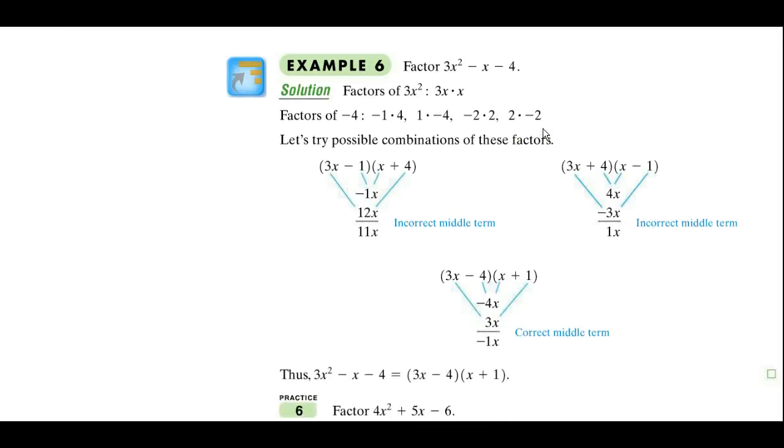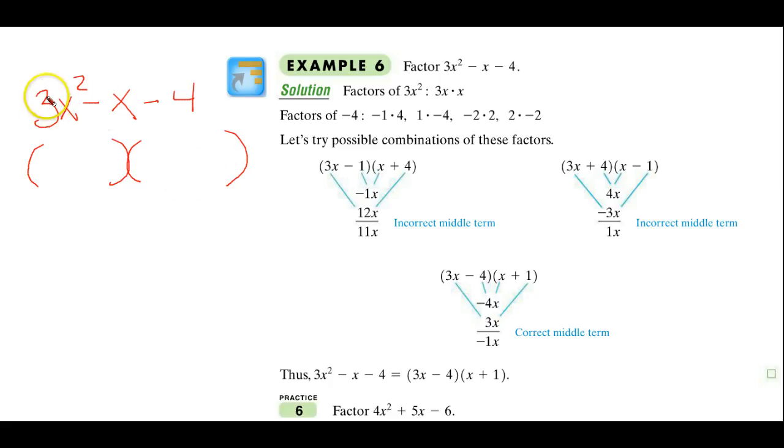So let's do example 6. We have 3x squared minus x minus 4. Again, it's in standard form. No common factors to be factored out. We put 2 sets of parentheses.